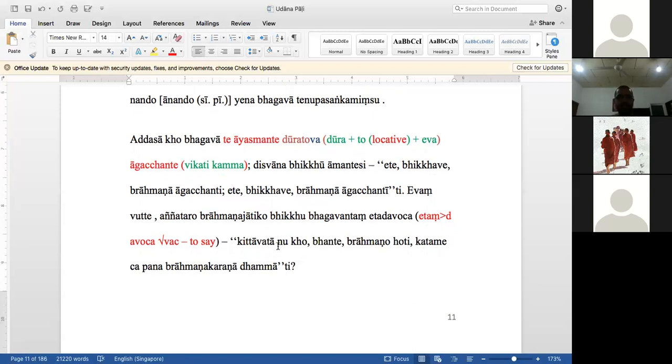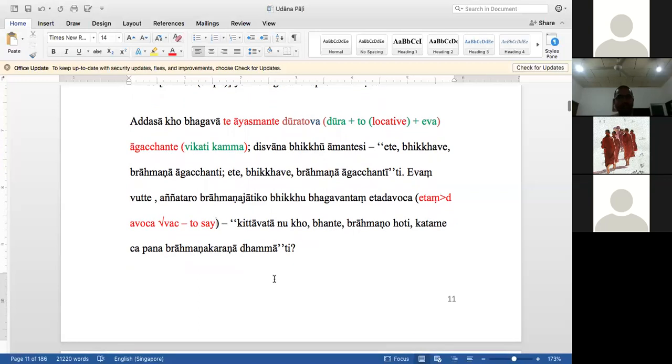Kittavatanuko Bhante Brahmano hoti. To what extent, Bhante, Venerable Sir, is one a Brahman? Ko Bhante Brahmano hoti. Katamecha pana Brahmana karana dhamma. What are the qualities, virtues that make one a Brahman? Brahmana karana dhamma. You remember we also discussed this in the previous lecture. Brahmana karana, Brahmana karaka.